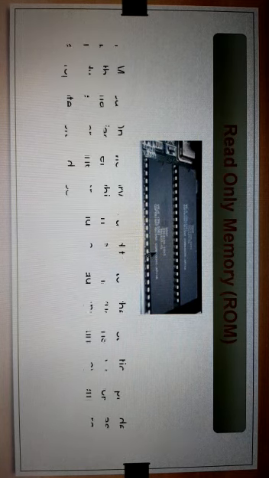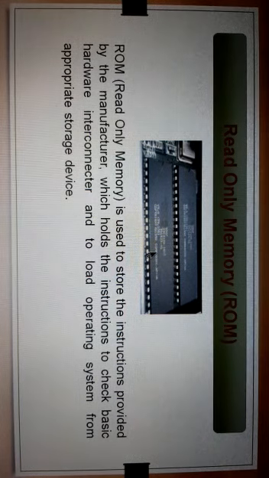Basically, ROM is used to store the instructions provided by the manufacturer, which hold the instructions to check basic hardware interconnections and to load the operating system from the appropriate storage device.